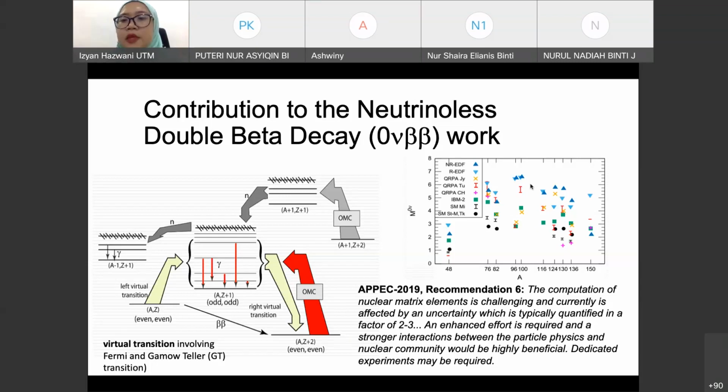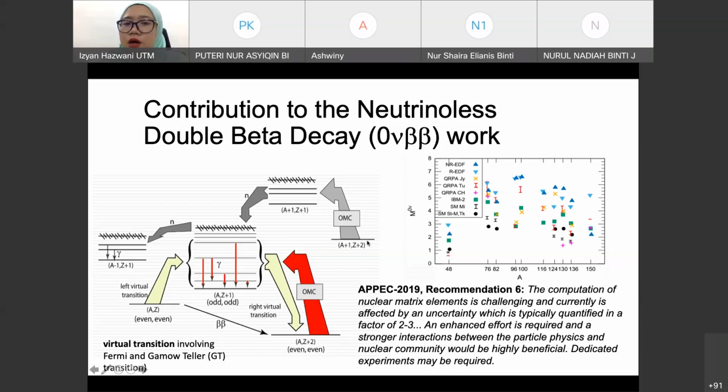Because of this confusion, APEC recommends that computational or highly sophisticated experiments to investigate this nuclear matrix element are very much encouraged by all the physics societies.